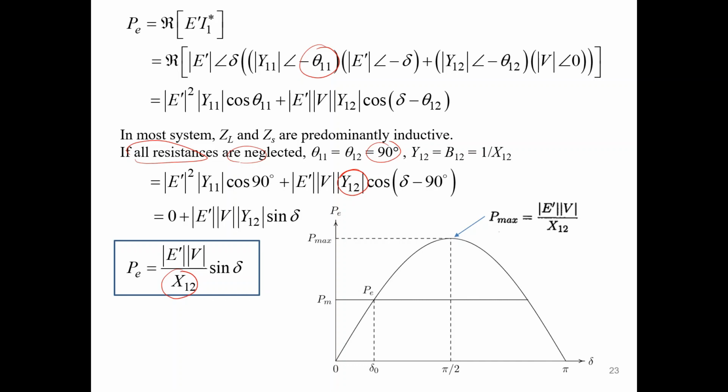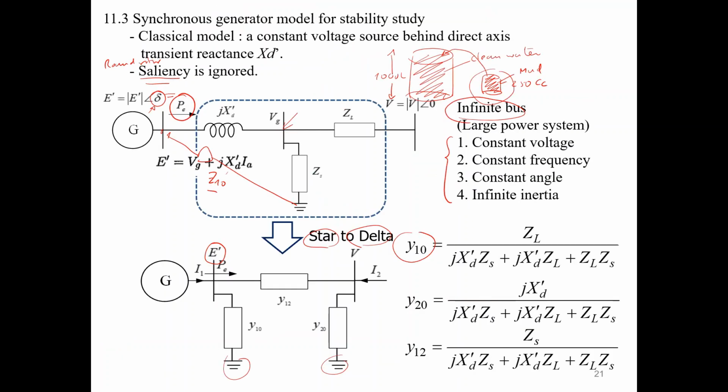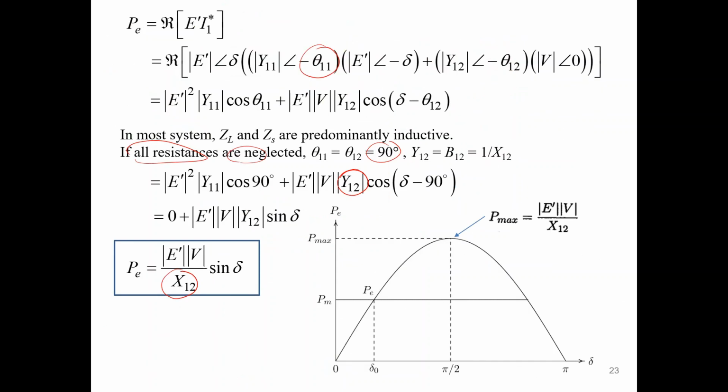So now you can see that when we express the relationship, this is just like you have the flow from bus 1 to bus 2. The impedance x12 would include everything inside these three elements. Okay, this is the PE.